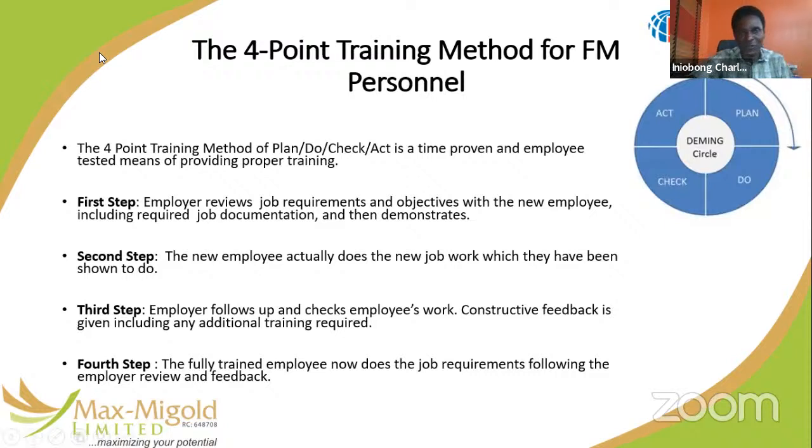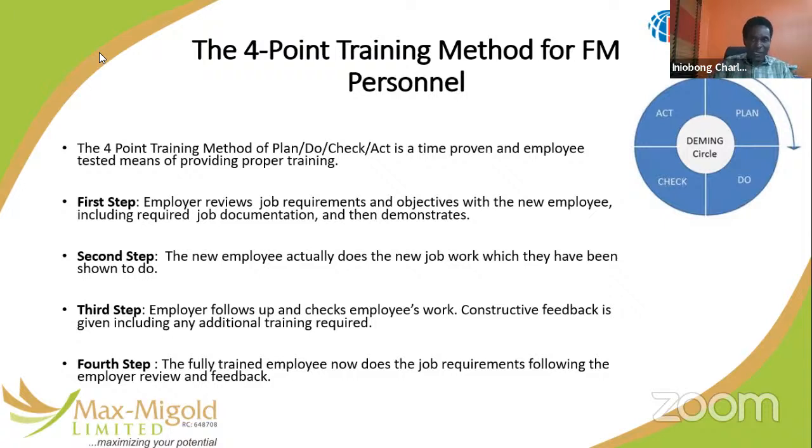And if they are deviating from what they are doing, you do what? You retrain, and you also put them through the Deming cycle. The Deming cycle is plan, do, check, and act. We talked about it in our previous classes. So you plan, you talk to them, you know their gaps in what they are doing. If a technician needs some level of training, especially with the new kind of equipment that are coming in, they may not be able to operate or repair or fix even simple issues on that equipment.